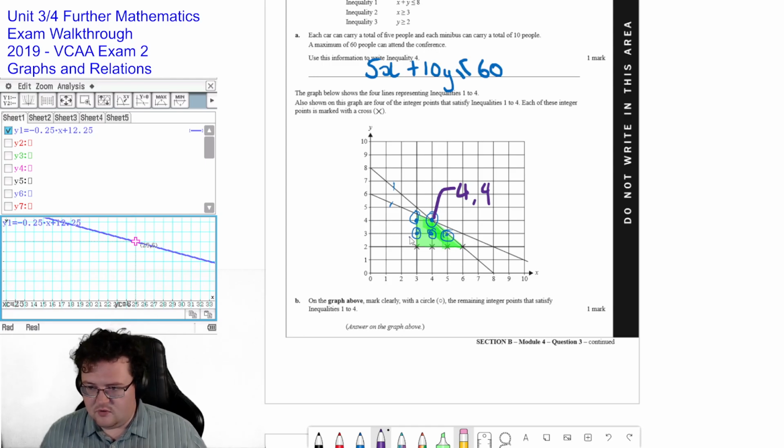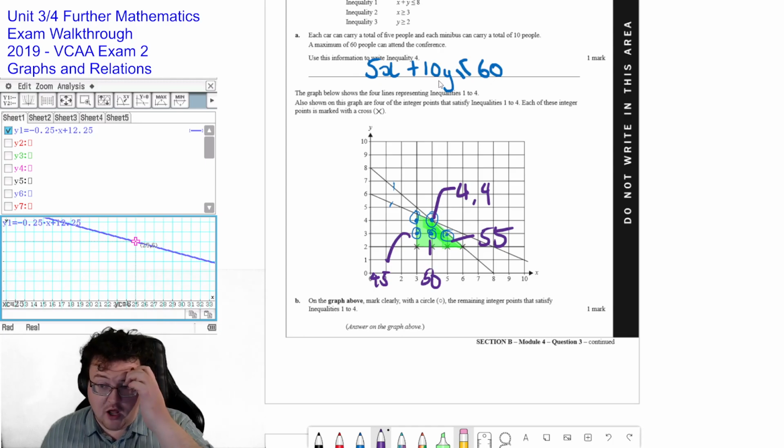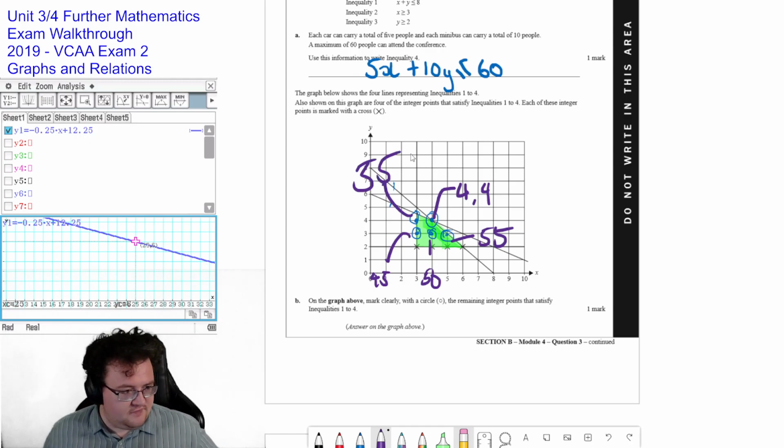So that's only 45 people. This one here, 4 times 3, so that's 20, so that's 50 people. This one here is 5 cars and 3 minibuses. 5 times 5 is 25, plus 3 times 10, that's 55. And then we can check here, 3 times 5 is 15, plus 10 times 4. So this one here is also 55.